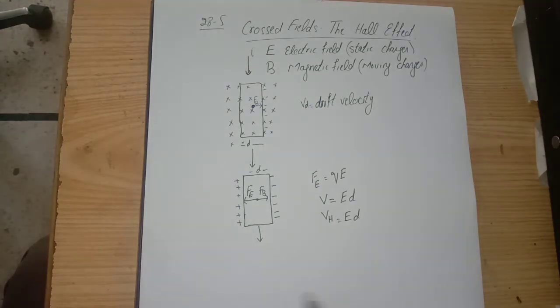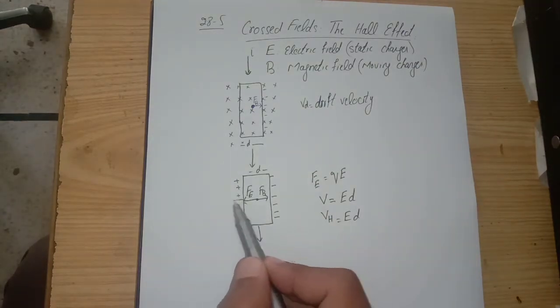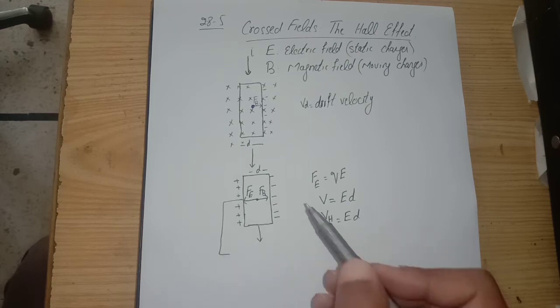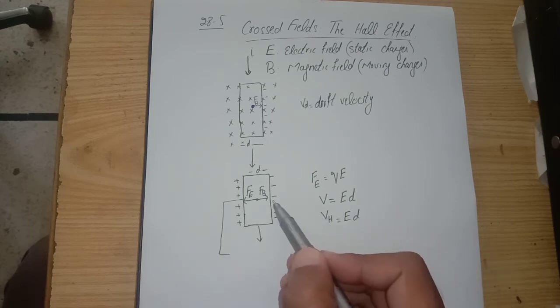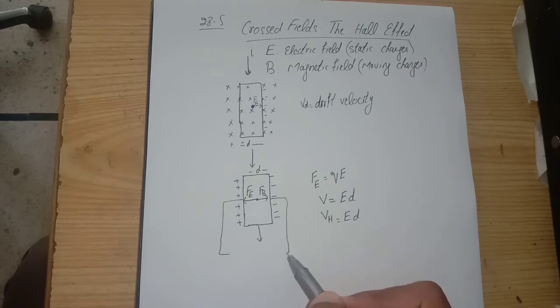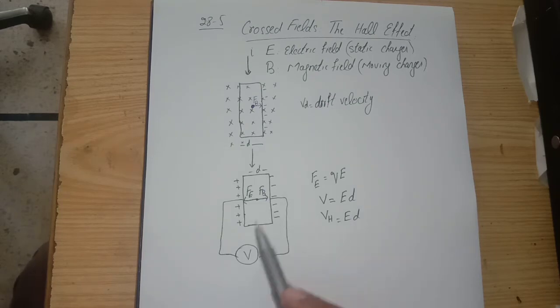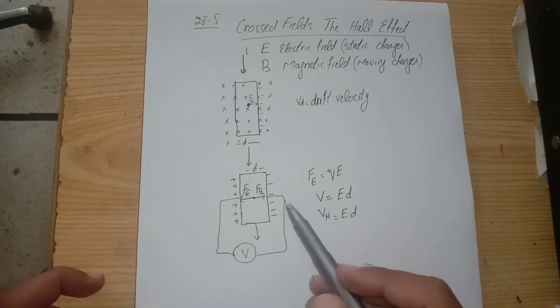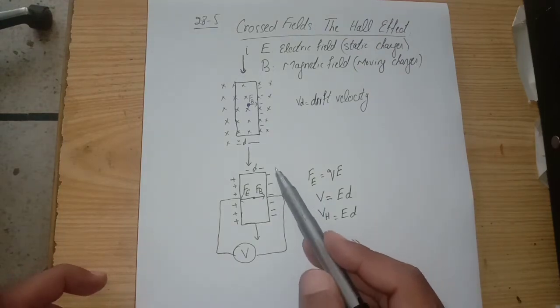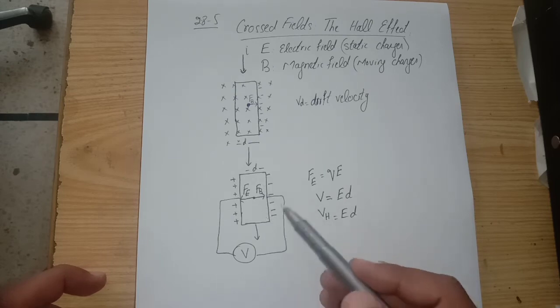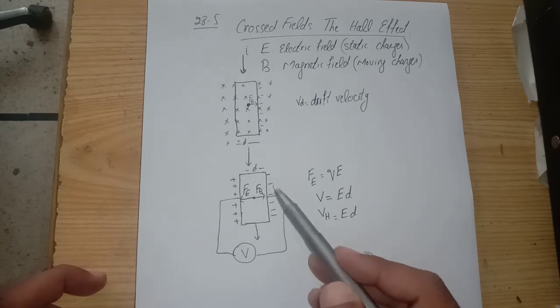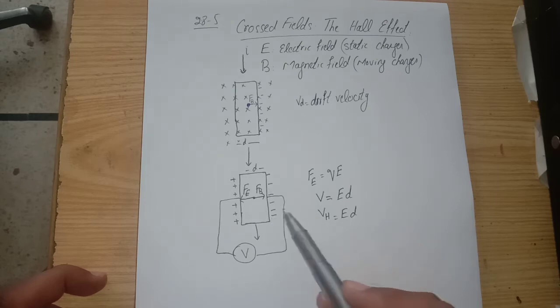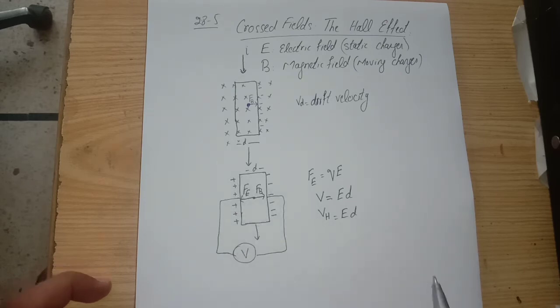Now if I connect a voltmeter across this strip, I would see that this side, that is the right side of the strip, would be at higher potential as compared to the left side of the strip.